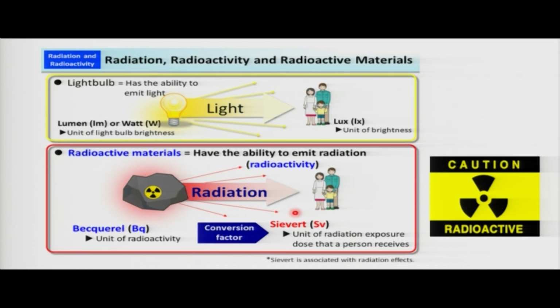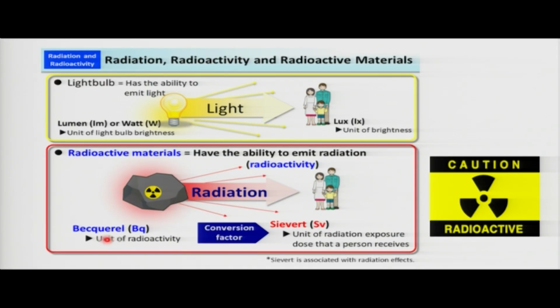The unit of radioactivity is the becquerel, and the amount of radiation you've been exposed to is measured in sievert. We shall come to use these terms later on when we're looking at the harm created by exposure to radiation.